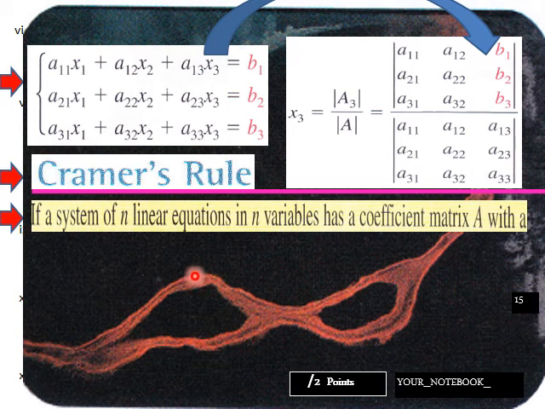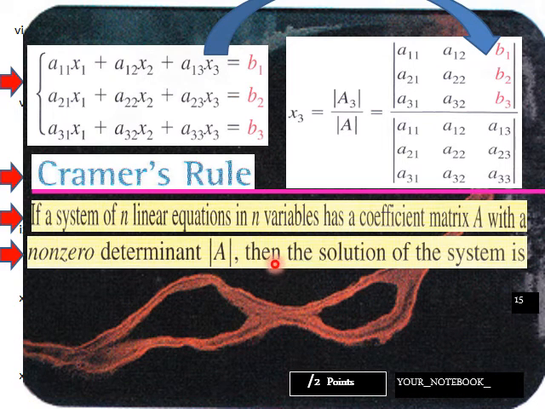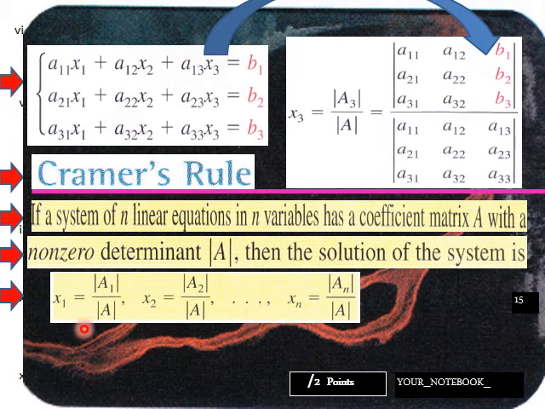So Cramer's rule: if a system of n linear equations in n variables has a coefficient matrix A with a non-zero determinant, then the solution of the system is x1 equals A1 over A, then x2 will be A2 over A, and on and on to xn will be An over A. So that will be Cramer's rule there.